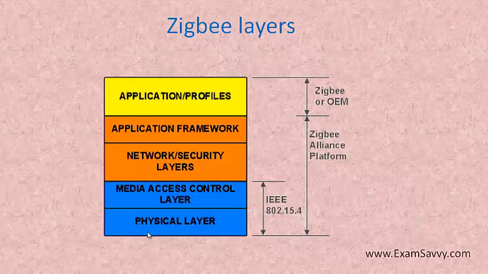So this layer is responsible for assembling data packets to be transmitted and for decomposing received frames. The physical layer acts as a transmission medium. Its main use is to act as a medium, so it exchanges the data bits with the layer above. So that is what ZigBee layers are about.